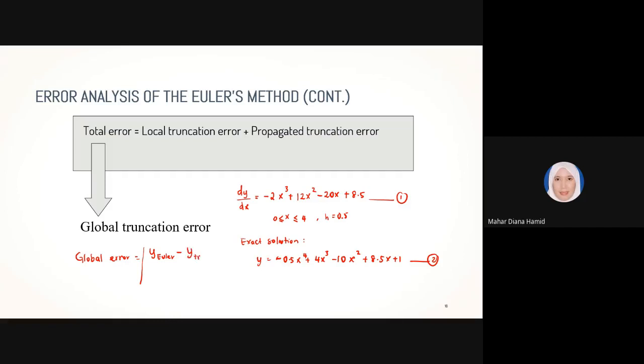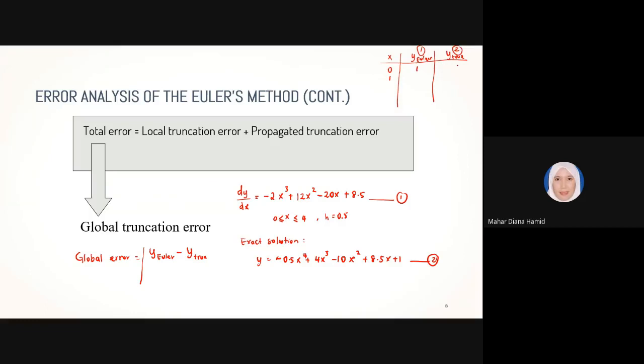For example, if we make a table, with x equals 0, 1, y Euler, and y true, y Euler is using equation 1 and y true is using equation 2.